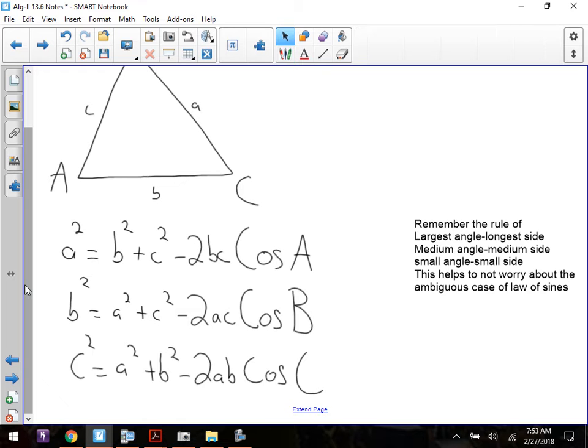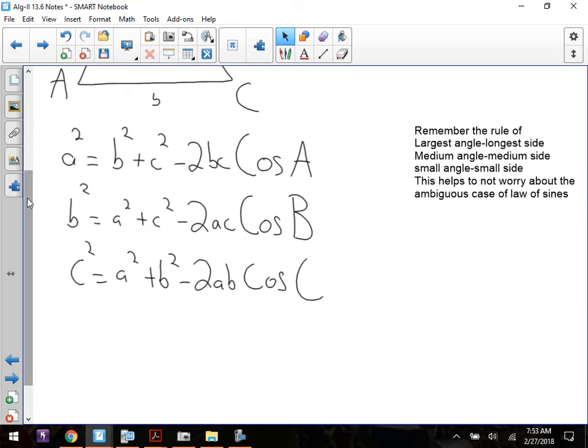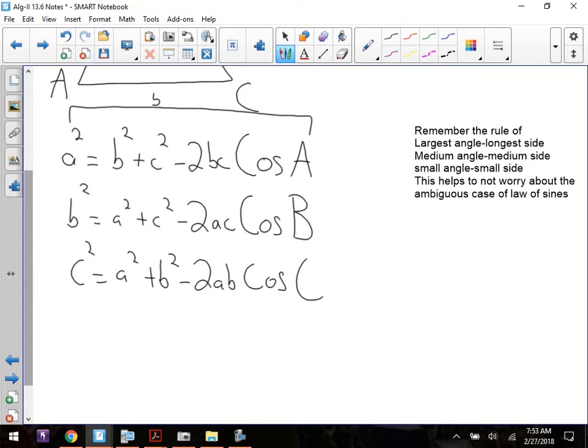It looks really weird as you write it out, but as you get going through it, you're always wanting to set up an angle and its side opposite. You're trying to get to that relationship, and using law of cosines gets you to that.